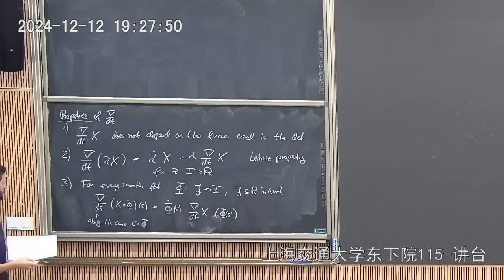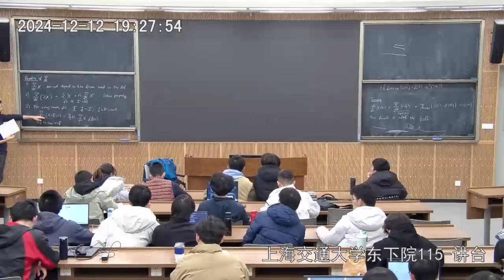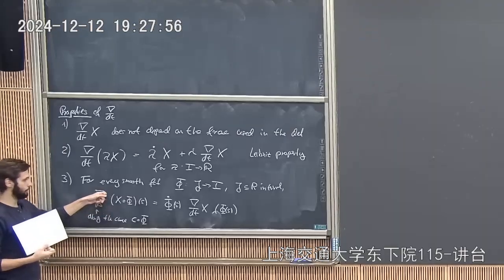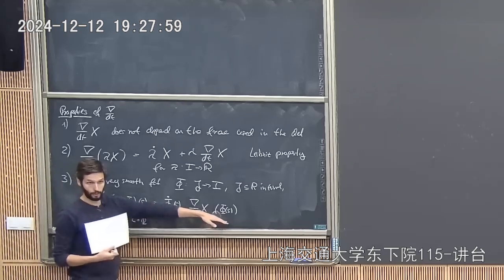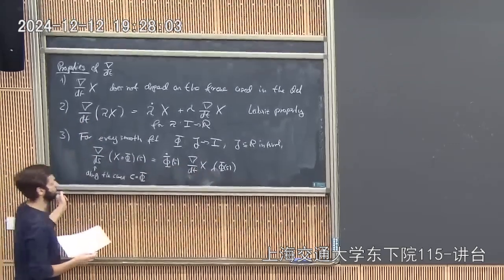So it's a very similar formula to what you get for the chain rule. If that would be just a normal time derivative, you would see that directly. So it's like a chain rule.